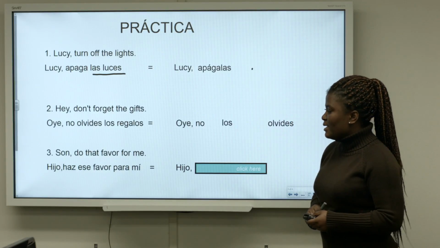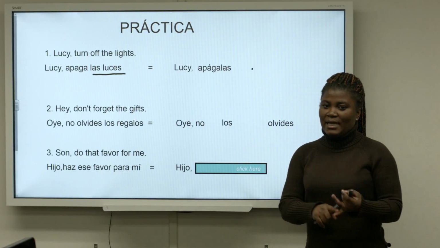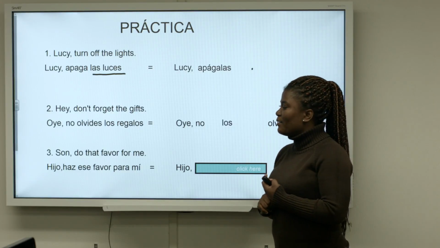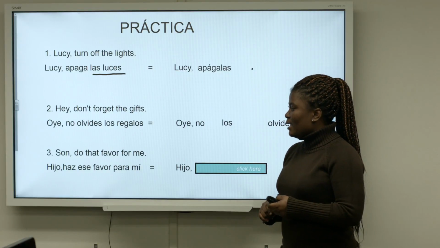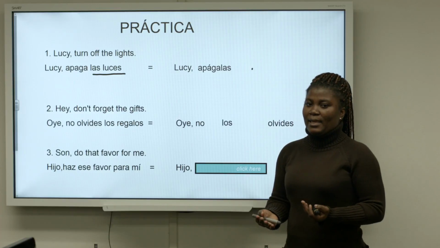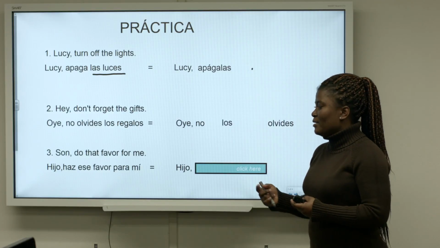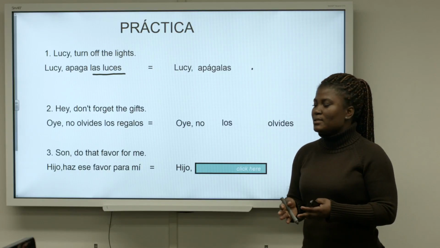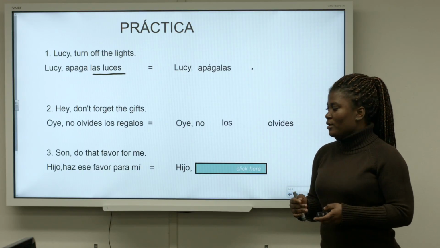Son, do that favor for me. Hijo, haz ese favor para mí. So here we have the direct object and the indirect object both in one sentence. Hijo, haz qué? Ese favor. Para quién? Para mí. So, son, do what? Do that favor. For who or for whom? For me.